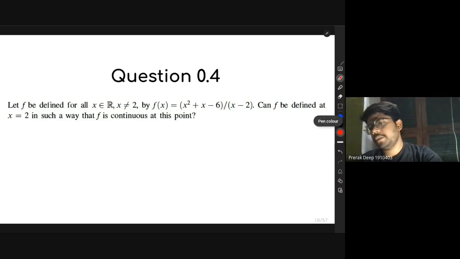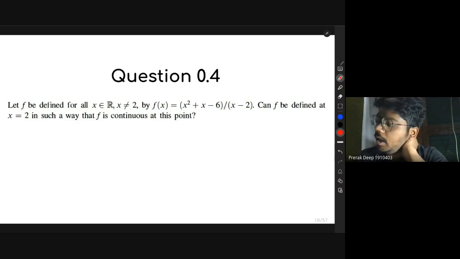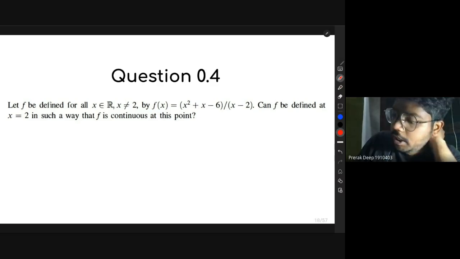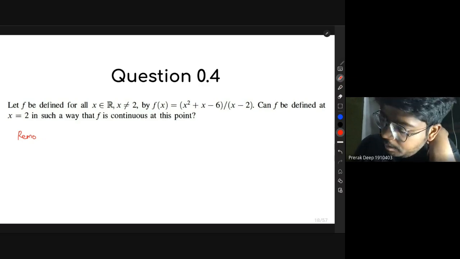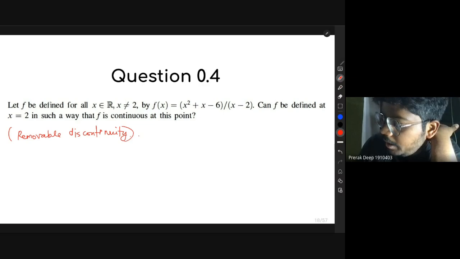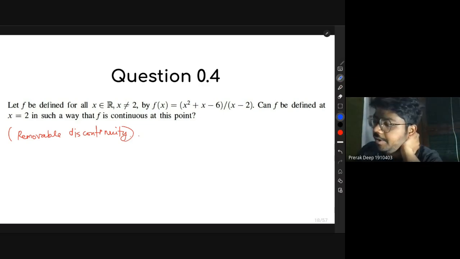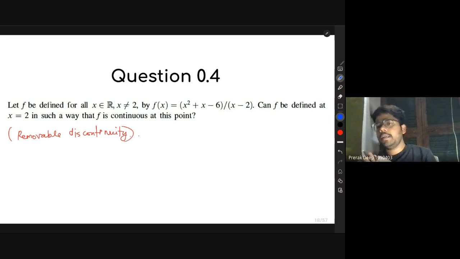If you were there in my last recording session, or if you have seen it, in that session I discussed something called removable discontinuity, where the function is not continuous at a point, but you can remove that discontinuity and give it an appropriate value to make the function continuous at that point.